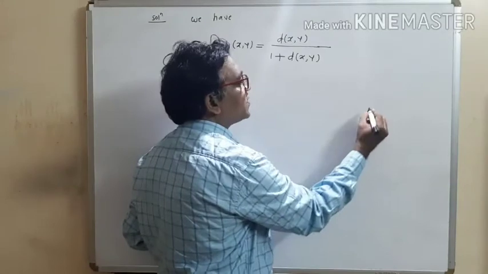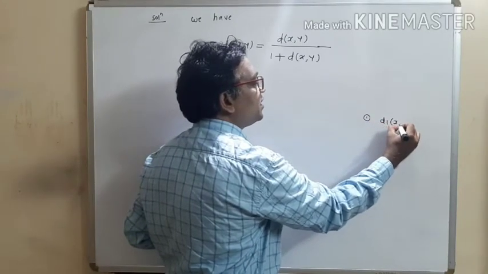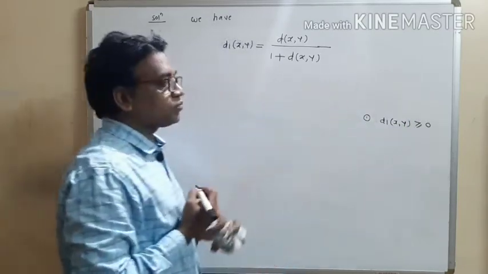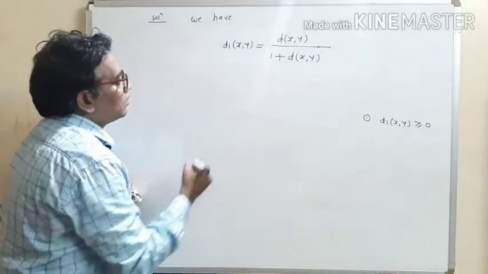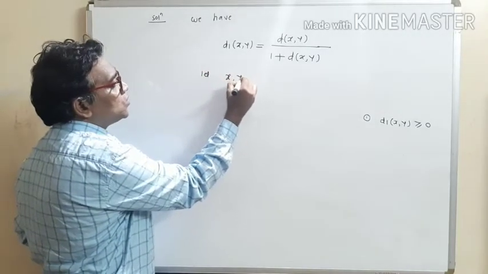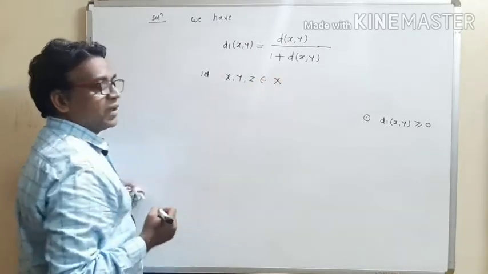So let us prove the first property. What is the first property? Show that the distance d1(x,y) is non-negative. So write down, let us take three elements from the first set, which is X.